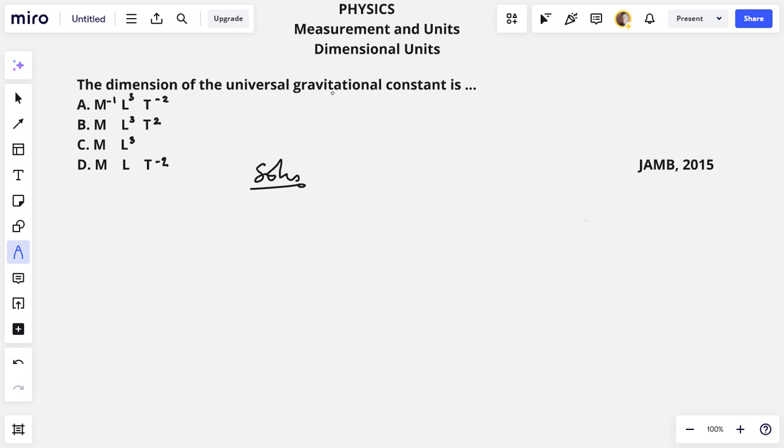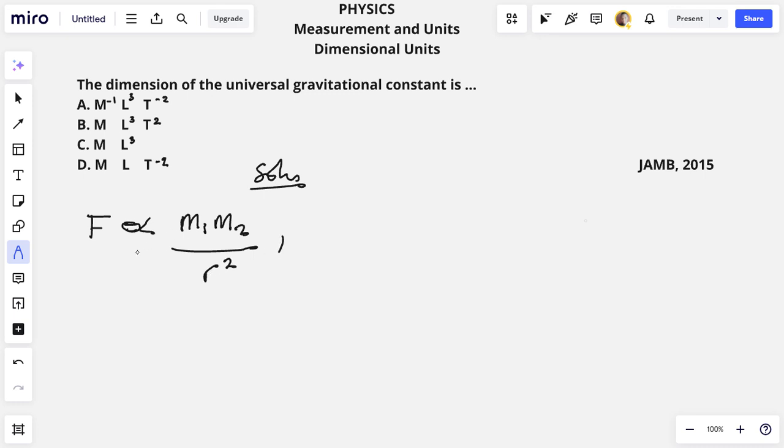Here we are talking about the universal gravitational constant, which comes from Newton's law of universal gravitation, which states that the force between two bodies or masses is directly proportional to the product of the masses, m1 times m2, and inversely proportional to the square of their distance apart.